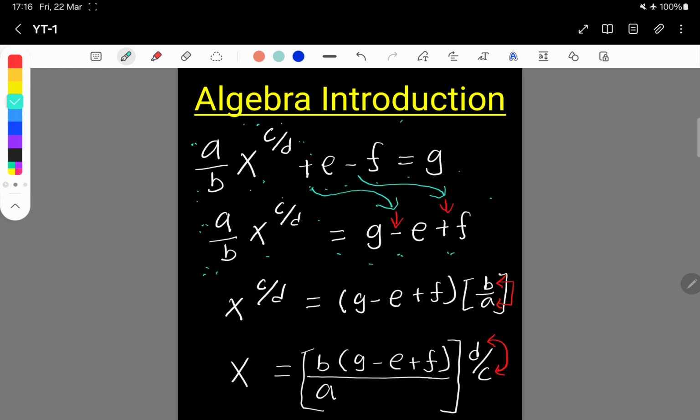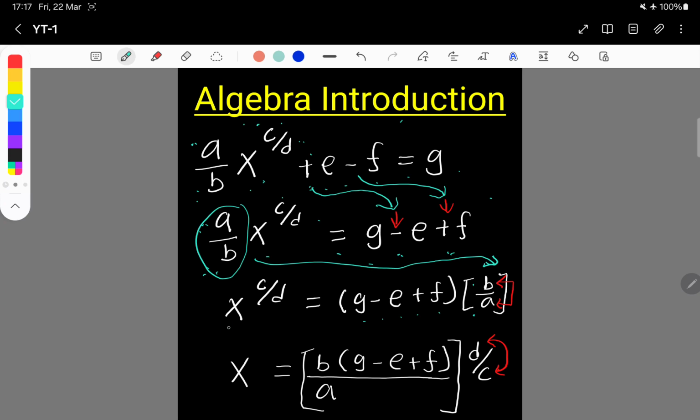In this case you will notice that g minus e plus f remains unchanged, but for the a over b, when you move it to the right hand side, it will go upside down. That means the division will become multiplication and the multiplication will become division.